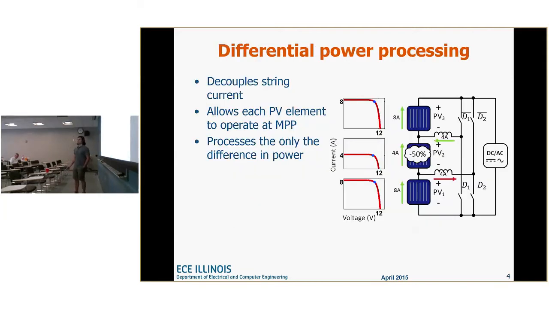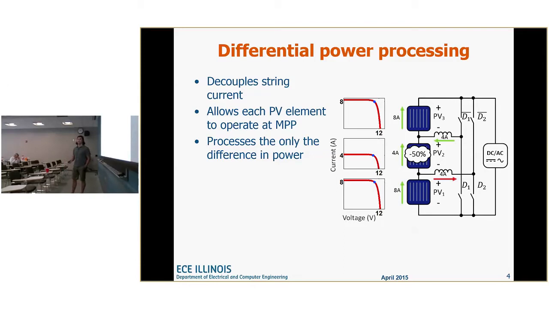The answer to this is differential power processing, which gives us better mismatch handling capability between PV components. What this does is it decouples the string current between each PV component by injecting or absorbing current at each of the terminals. This allows each PV element to operate at its local maximum power point rather than having to choose the single string current that maximizes the power out of the entire string.